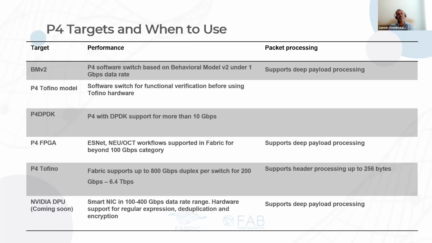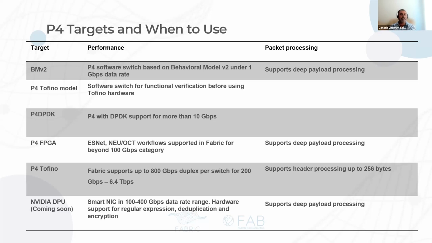So it is not meant mostly for performance evaluation, but definitely we can use this for functionality verification, and it supports deep payload processing. For example, I want to look at 500 bytes in my packet. Not every hardware supports that kind of deep payload processing, and you are free to do that with BMv2.